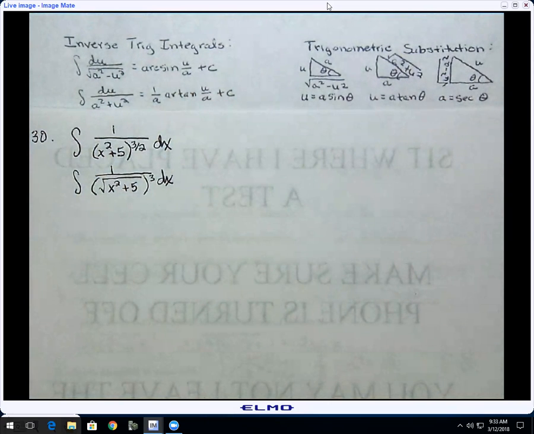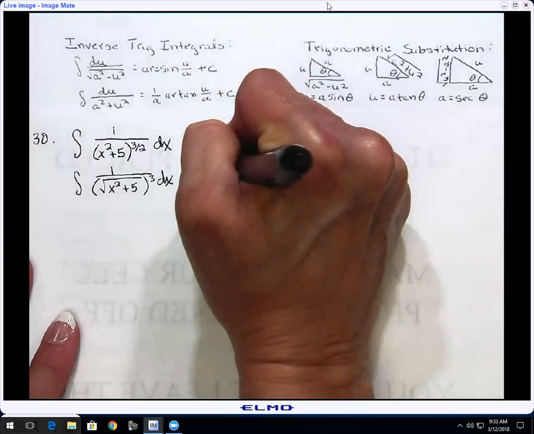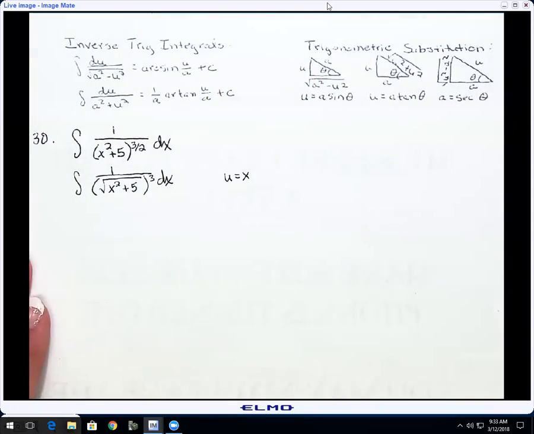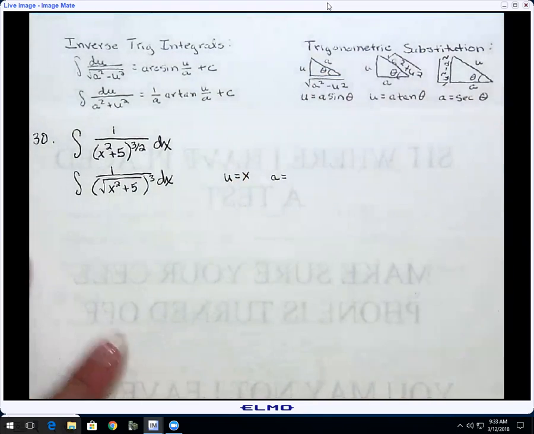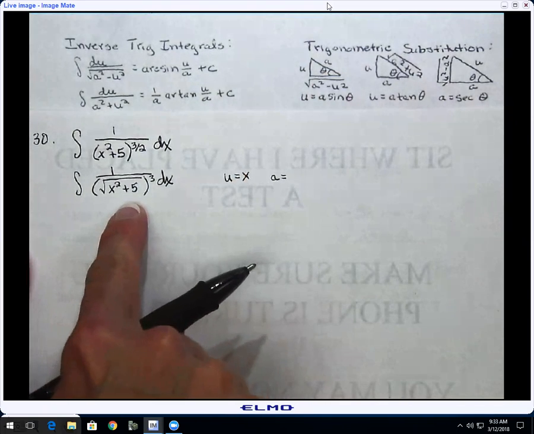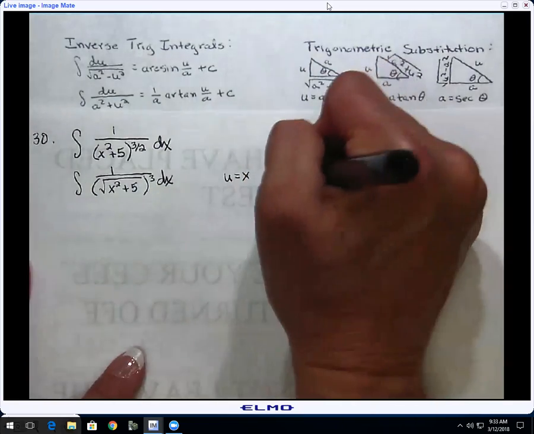And that looks like some u squared plus a squared to me, if I let u be what? And a be what? Yeah, it's got to be the thing you squared to get 5, so it's got to be the square root of 5.